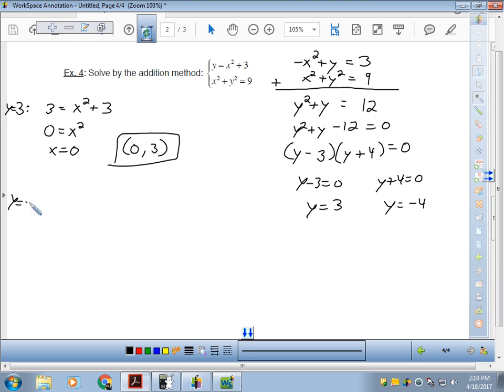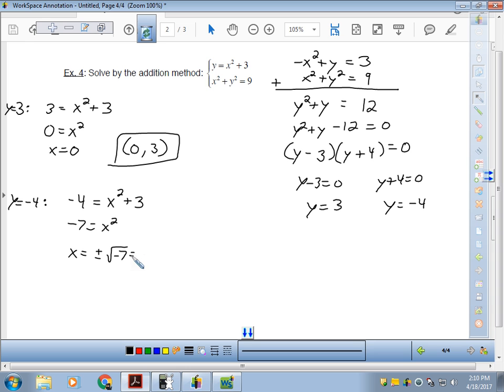For when y equals negative 4, we plug it in there, we get negative 4 equals x squared plus 3. If you move the 3 over, you get negative 7 equals x squared. So if you take your square root, x would equal plus or minus the square root of negative 7.